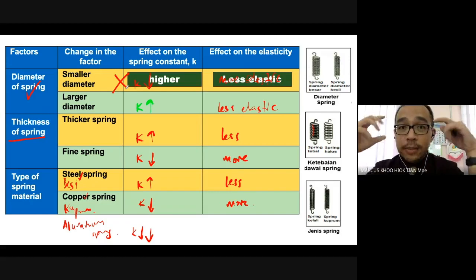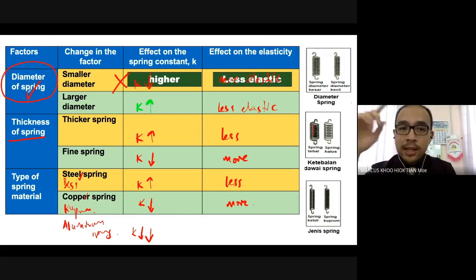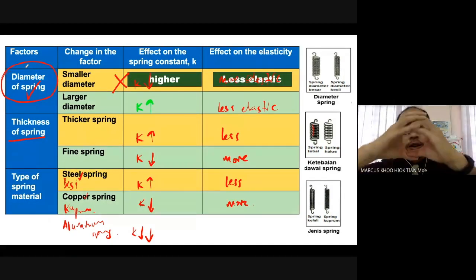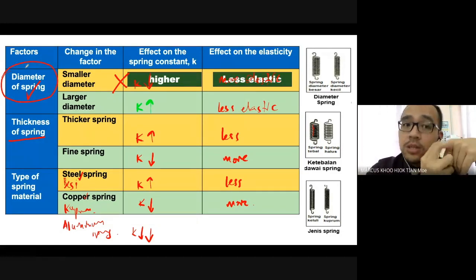So this is something that we have to remember, because antara semua ini, diameter of spring yang selalu orang salah. A lot of people think that the bigger spring, yang lubangnya besar, dia adalah lebih keras. But that's not true.